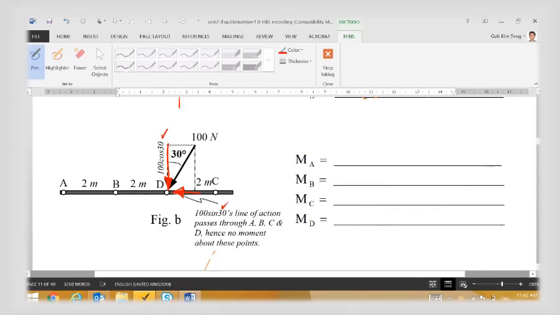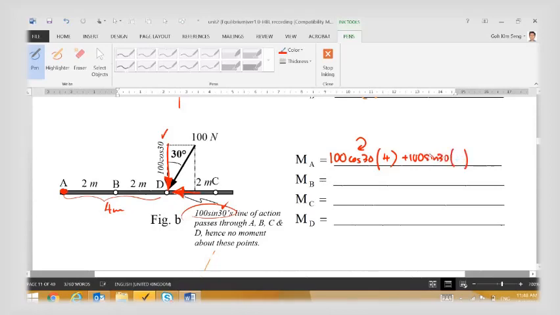Like the earlier example, if you are going to find moments about point A, we simply consider, instead of the original force of 100 newtons, the moment due to both components. So we have 100 cos 30 times that distance, 4 meters, and this is a clockwise moment. Next, we also have to consider the moment due to the other component, 100 sin 30.